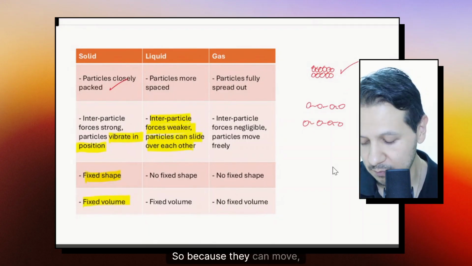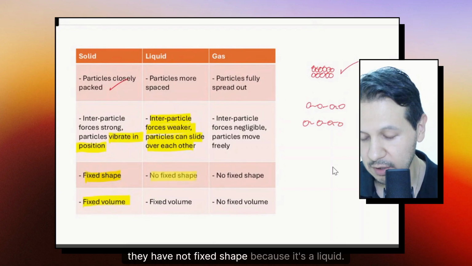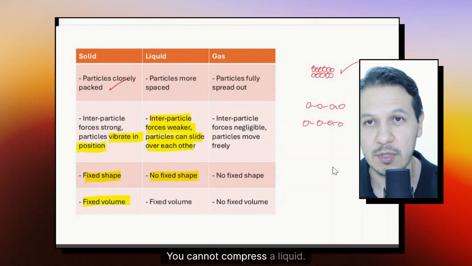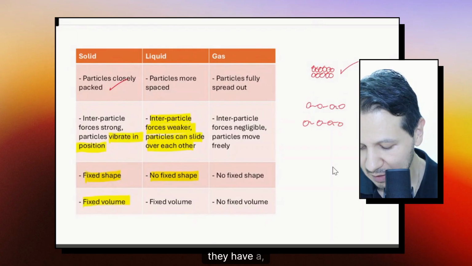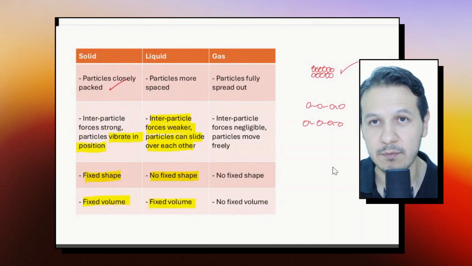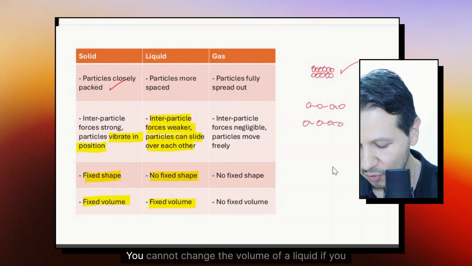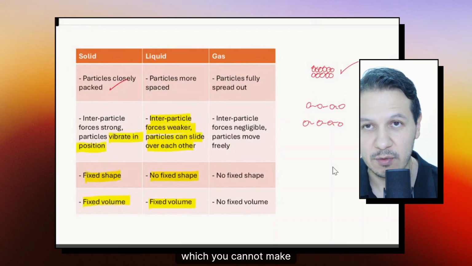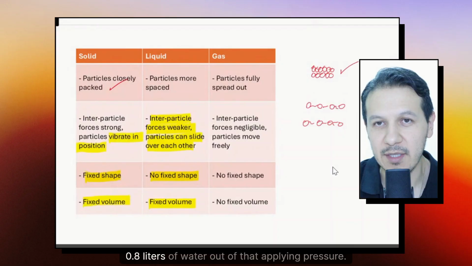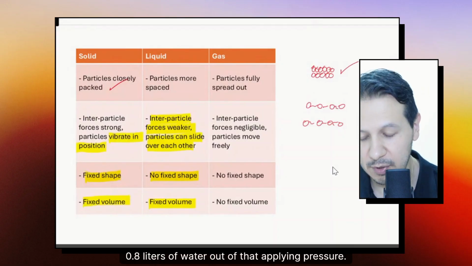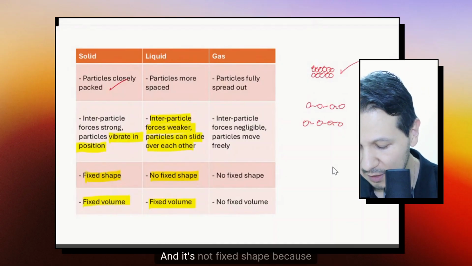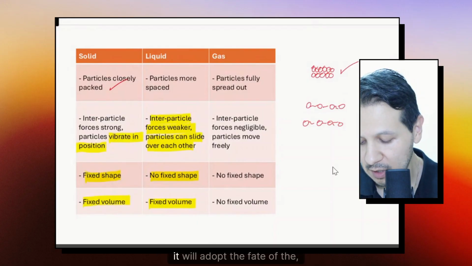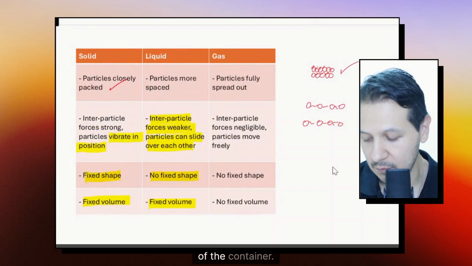So because they can move, they have no fixed shape because it's a liquid, you cannot compress a liquid, and they have a fixed volume. You cannot change the volume of a liquid. If you have 1 liter of water, you cannot make 0.8 liters of water out of that applying pressure. Okay, and it's not fixed shape because it will adopt the shape of the container.